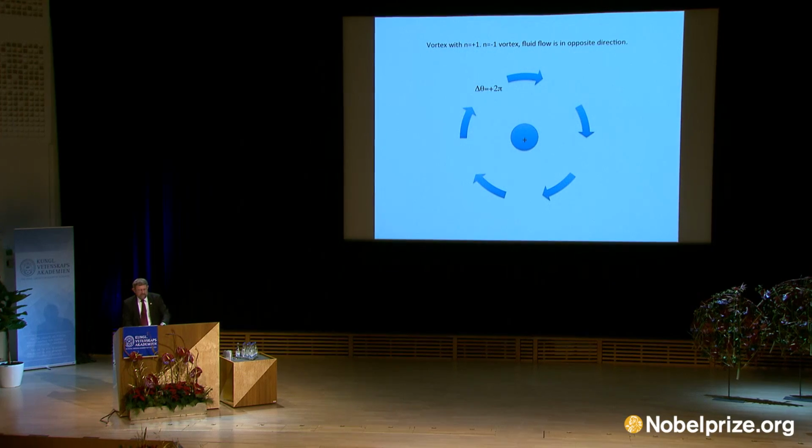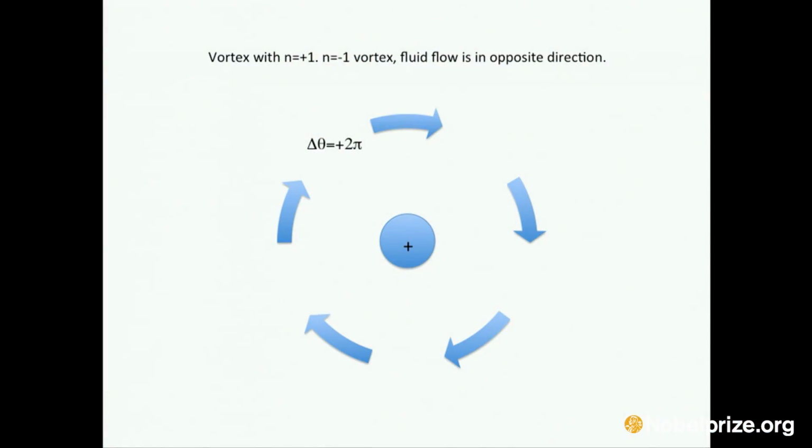Well, it's very simple. We say that, okay, we have got a vortex. What we've done is we've walked around a vortex, say clockwise, and we're changing the phase by 2 pi when we walk around some point in the middle.